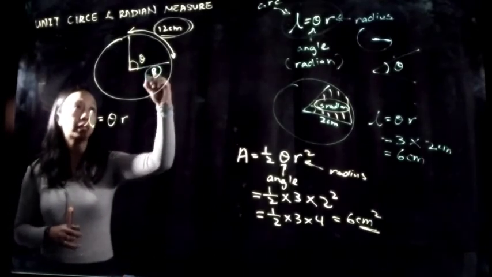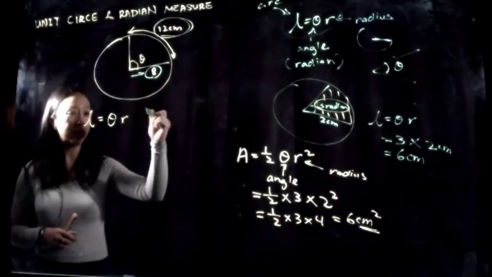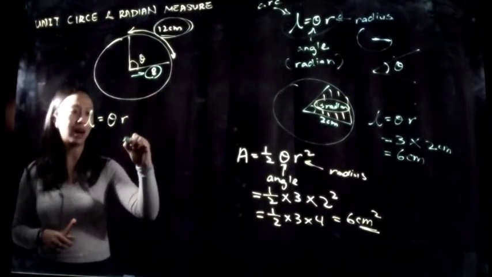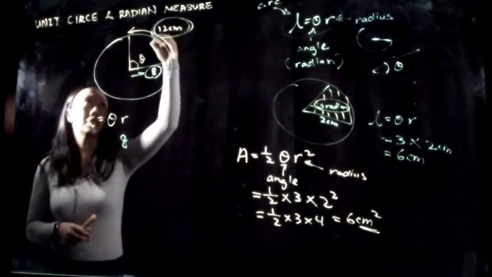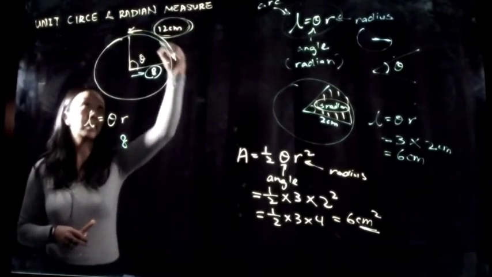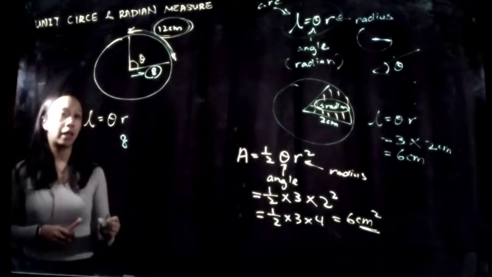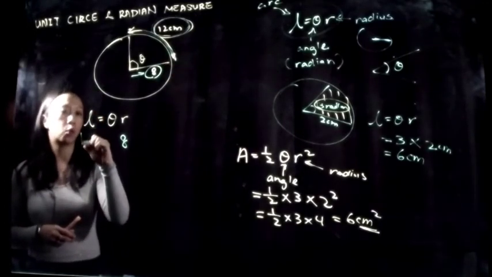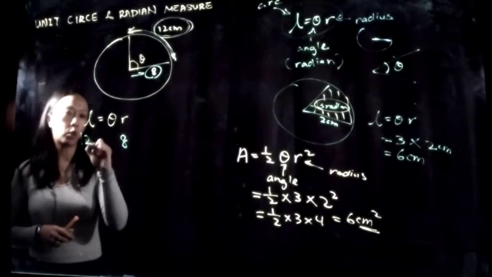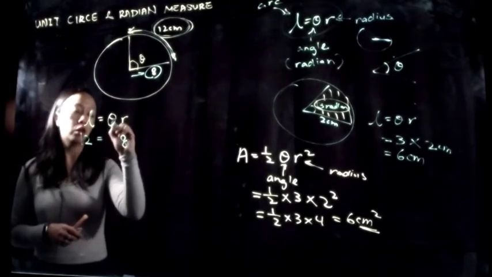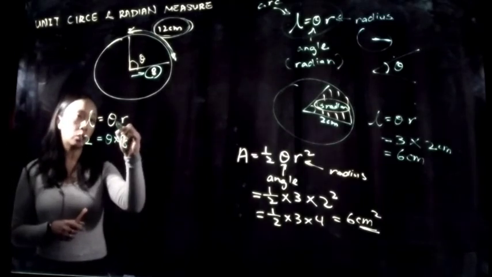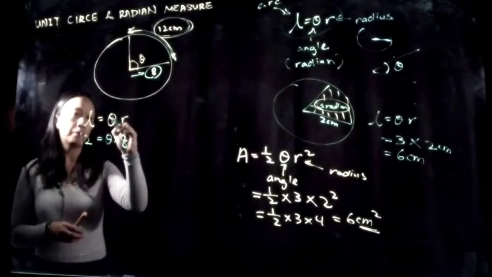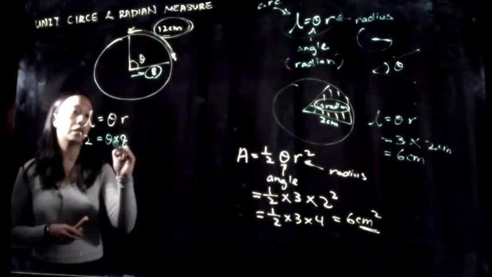So 8 is a radius, so 8 is the r. And what do we have? We have 12 centimeters. This is actually your arc length. So your length is 12. So this will become 12, copy down the equal, copy down the theta, times your 8. If there is no times in between and you can see 2 different variables, it is a times.